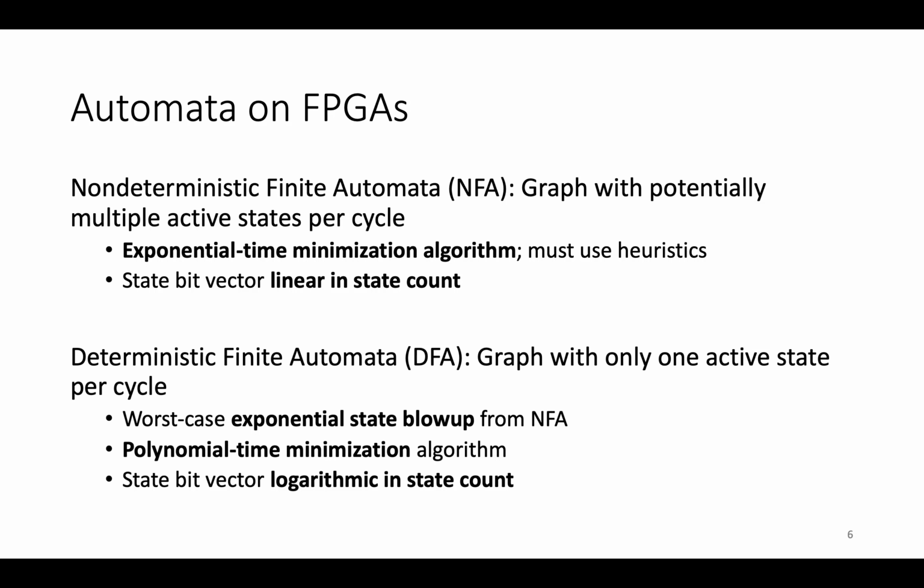DFA state bit vectors can also be represented with a logarithmic number of bits, unlike linearly on NFAs, because only a single state can be active at a given time with DFAs.